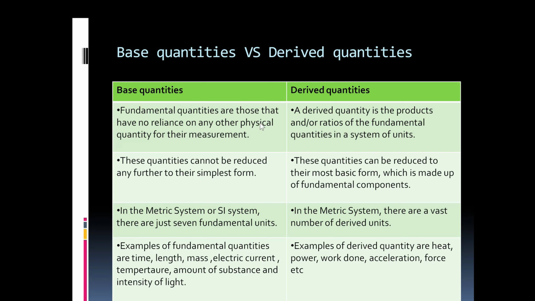One example which is very common in my class, which I give to every student related to base and derived quantities, is the example of alphabets. This example is related only to this question: how to know. If you are talking about alphabets, we have 26 alphabets.